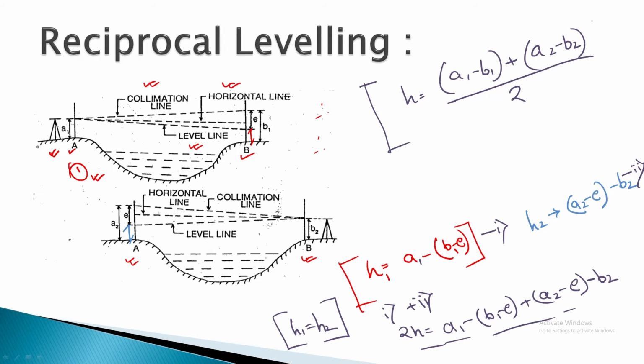So this is the difference of level between point A and point B, which we have determined by reciprocal leveling. This formulation is very important, and many problems come by using this equation, and we will solve some problems related to this. So this is a very simple one.